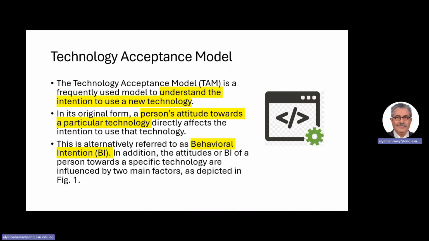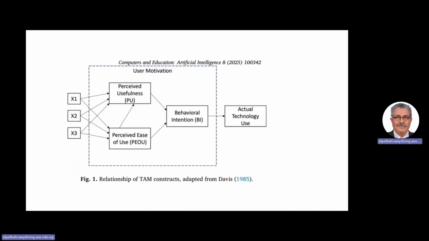In its original form, a person's attitude towards a particular technology directly affects the intention to use the technology. This is alternatively referred to as behavioral intention, BI. In addition, the attitudes and BI of a person towards a specific technology are influenced by 2 main factors, as depicted in the following figure here.